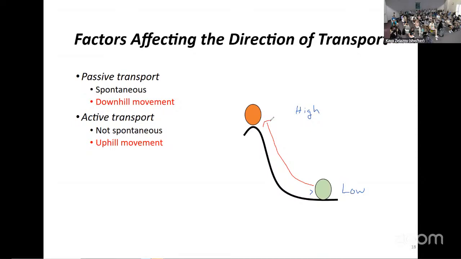We're thinking about rolling the ball up that hill. Depending how big the ball is and how big the hill is, it's going to require different amounts of work, but if you get a big enough ball and a big enough hill, that's going to be hard. So this is what's going to require energy. Our active transport is going to require an energy source. It's not going to be spontaneous. We're going to have to put in that energy from somewhere.